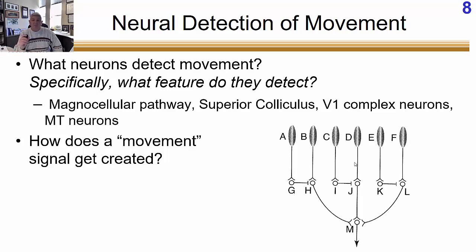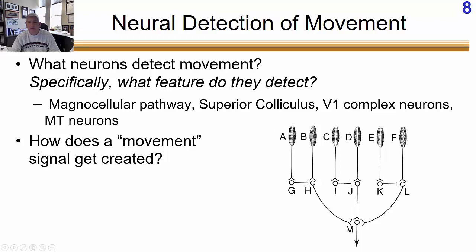So if we have a bunch of receptors here, you can see, A through F, right? We can hook them up in a way that when something moves from right to left, we're going to stimulate F, it's going to generate a signal, stimulate E, it inhibits that signal, stimulate D, and B. So this neuron M would only fire when something's moving right to left.